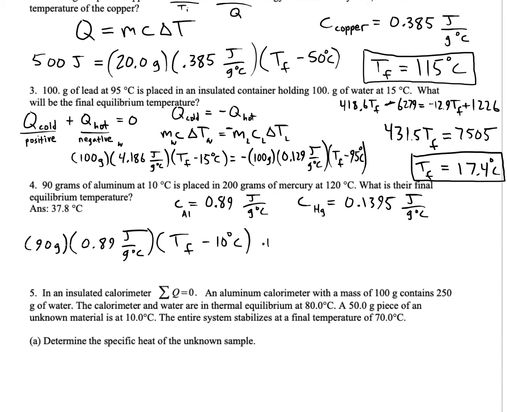And then we'll add in the mercury, which is 200 grams, 0.1395 joules per gram degree Celsius, and then TF minus 120.